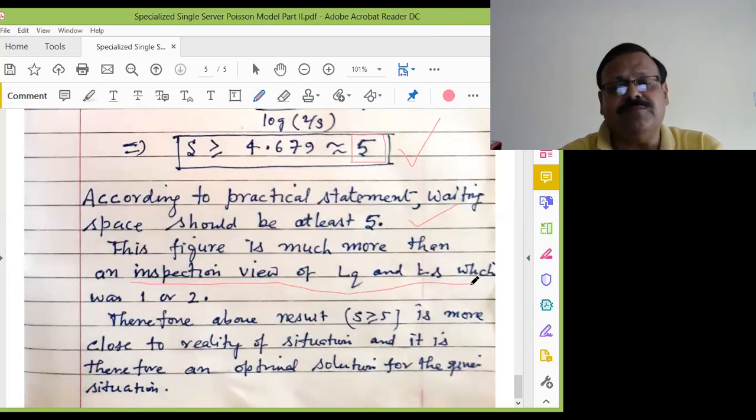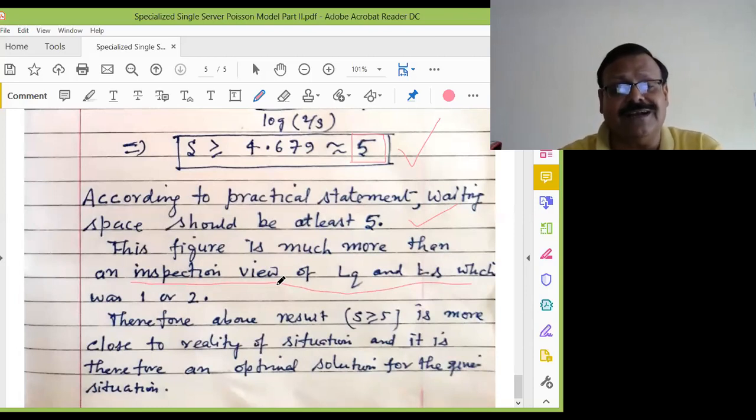Inspection view means in the waiting line, whether 5 persons or 2 persons come, you say tomorrow also 2 persons will come. No, that is not the optimum. You can predict this, but this is a better way.